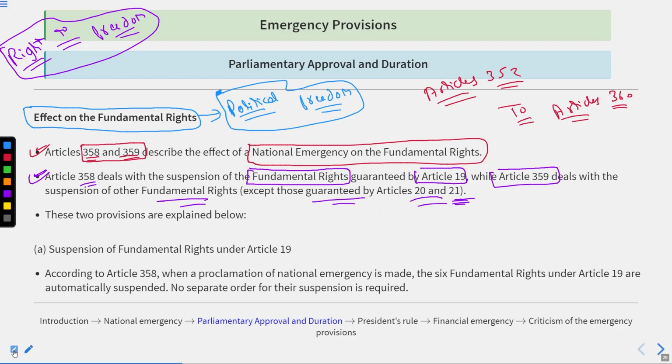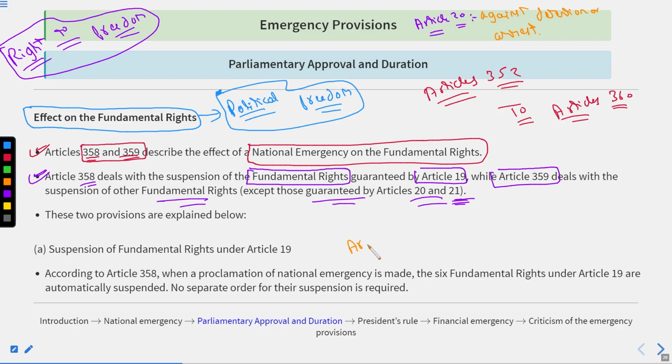What are these articles? So basically remember that Article 20 provides immunity against detention or arrest on unlawful grounds. All right.